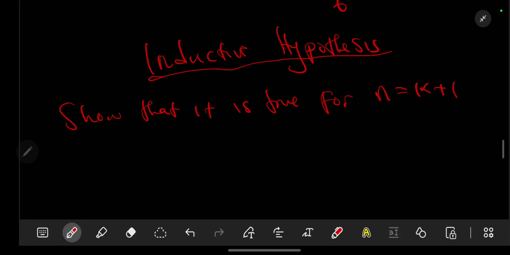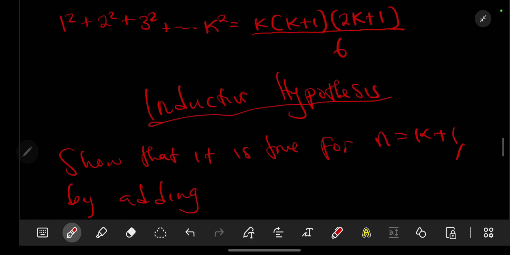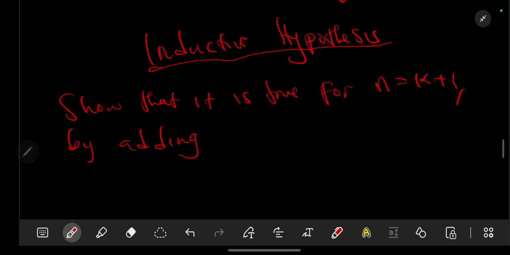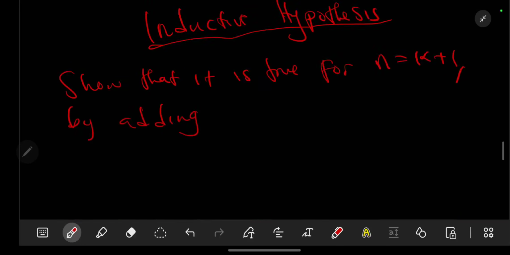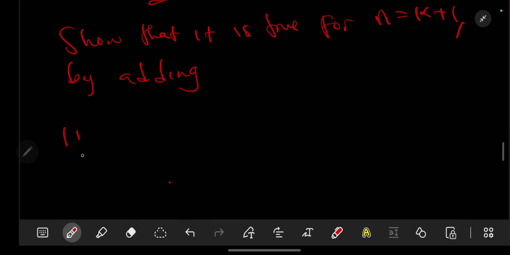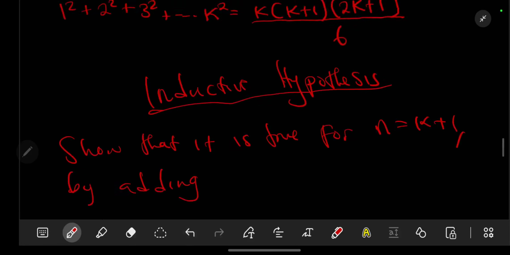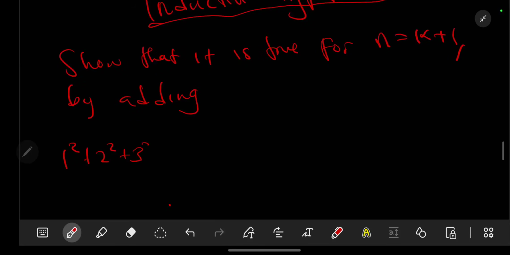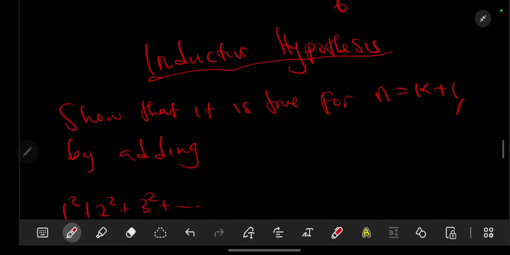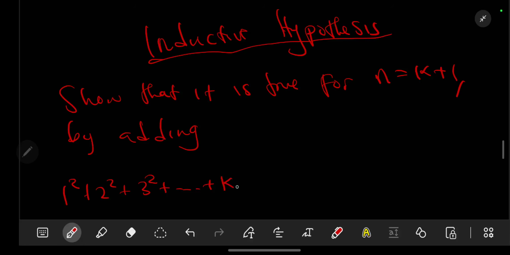So n is equal to k plus 1 means that, by adding this term, this term still sticks. We have our 1 squared plus 2 squared plus our 3 squared plus our dots, plus our k squared.